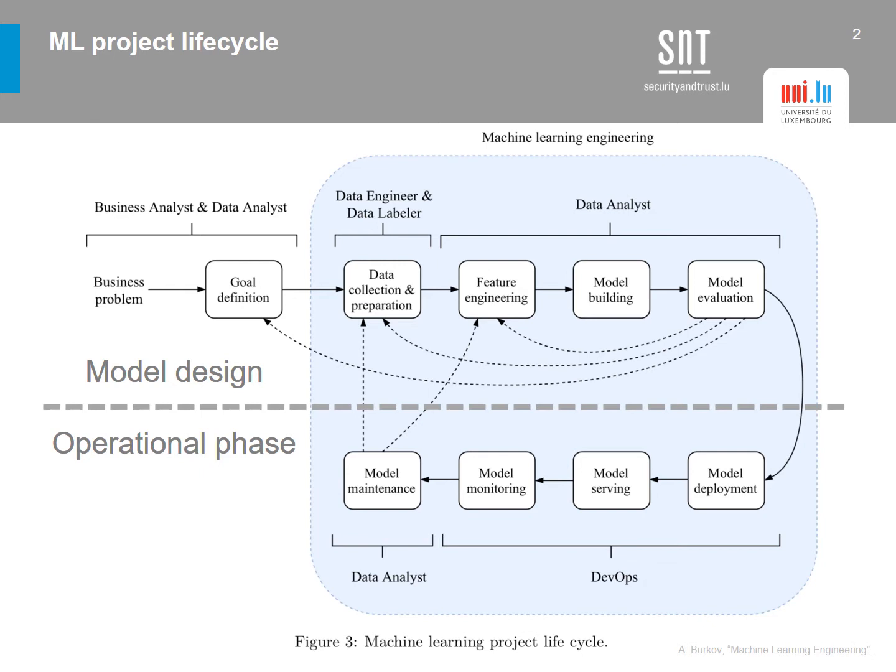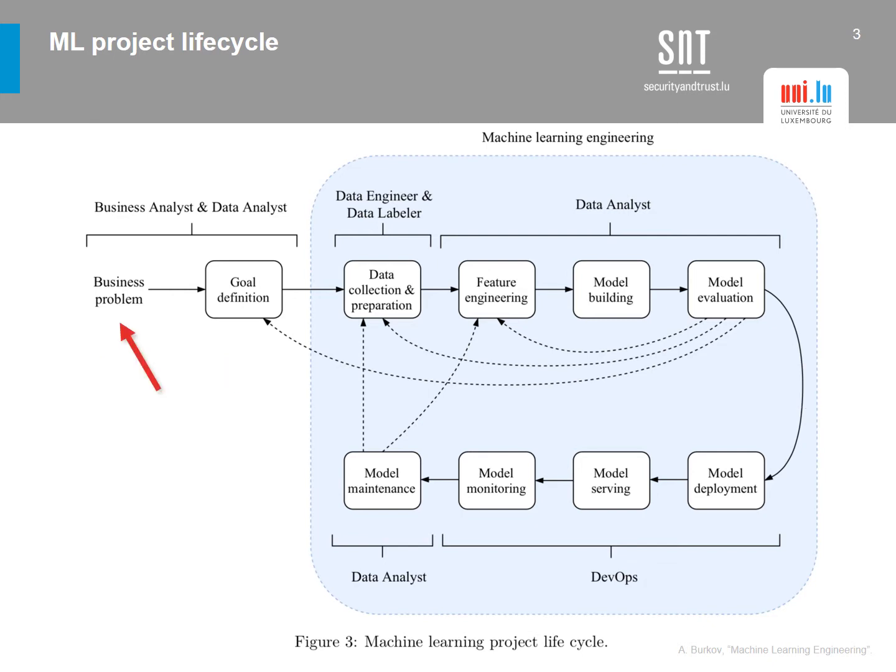Now, let's go deeper and talk about the business problem step. When we talk about a business problem, we are basically referring to an issue that we want to tackle. So, this part is really the beginning.